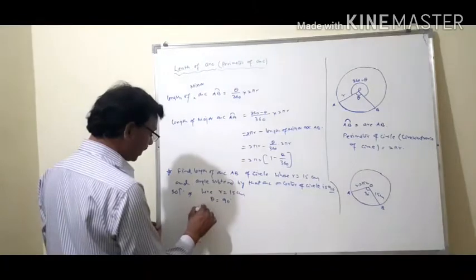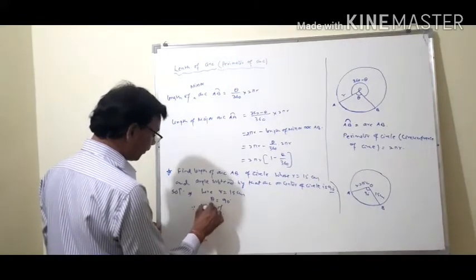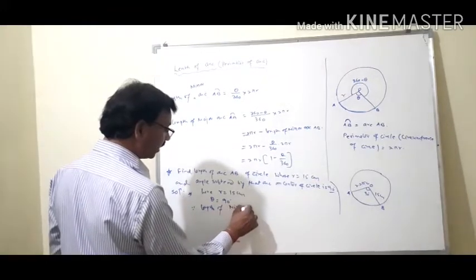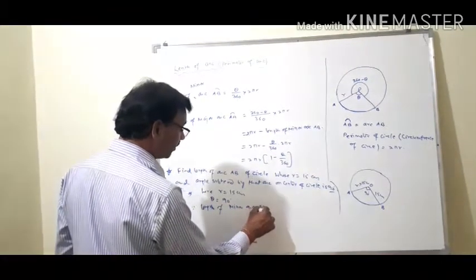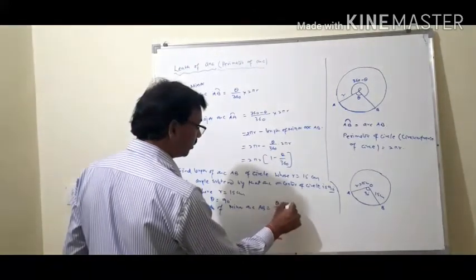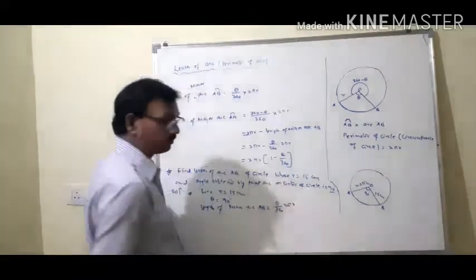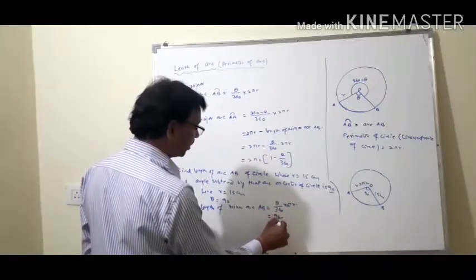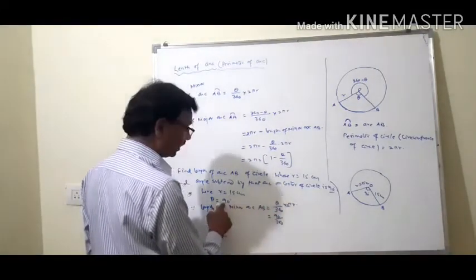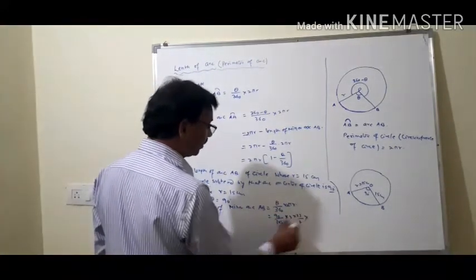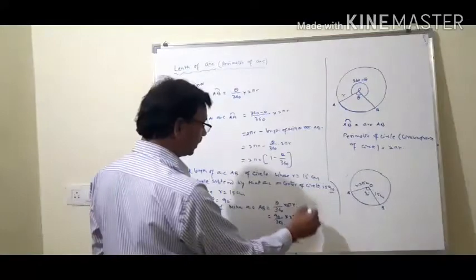Since the length of minor arc AB is equal to theta upon 360 into 2 pi r, this will be 90 upon 360, because theta equal to 90 is given, into 2 into 22 upon 7 into r, which is 15 centimeter.